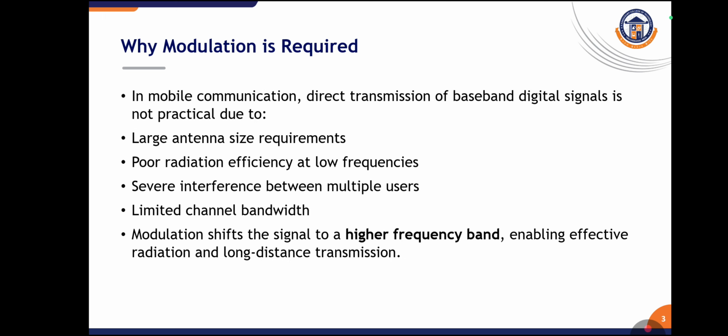Why is modulation required? In mobile communication, direct transmission of baseband digital signal is not practical due to large antenna size requirements, poor radiation efficiency at low frequencies, severe interference between multiple users, and limited channel bandwidth.